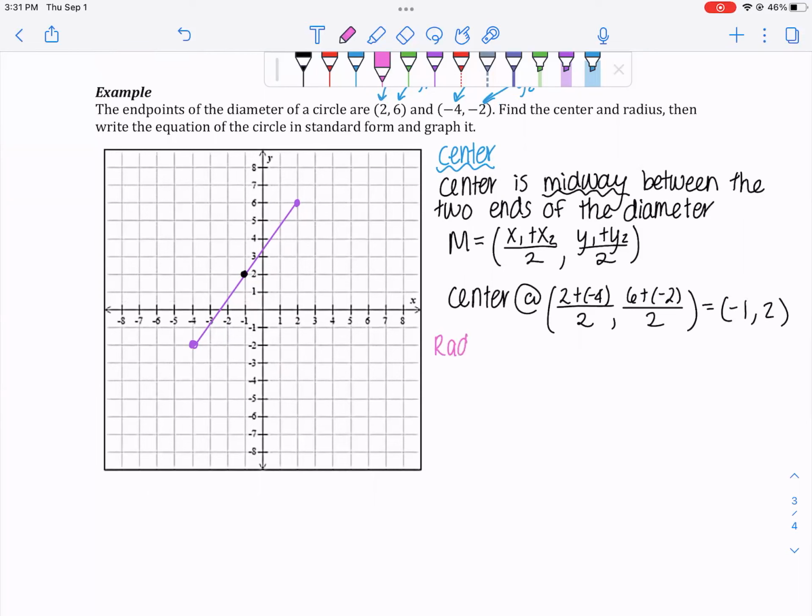Let's move on to the radius. The radius we can get by finding the distance between the center, which we just found, and any other point on the circle, which we have 2 of.